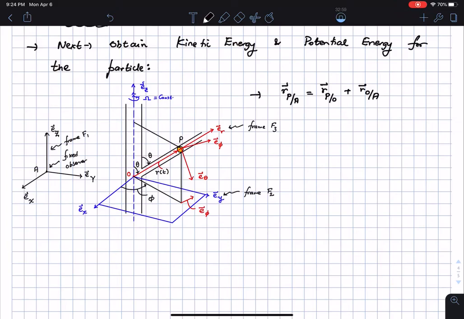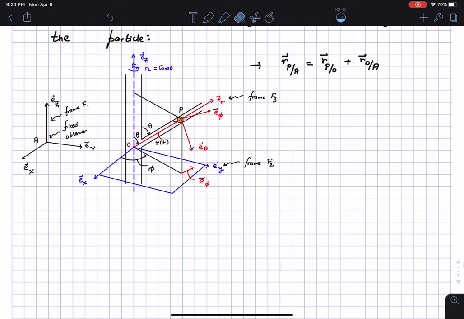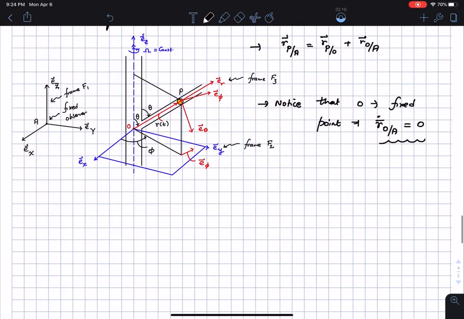This is the vector equation, and you notice that the point O is a fixed point, which means that r dot O/A is 0, which tells us that the velocity of particle P is just going to be r dot of P/O. So this is d by dt of r of t e_r.